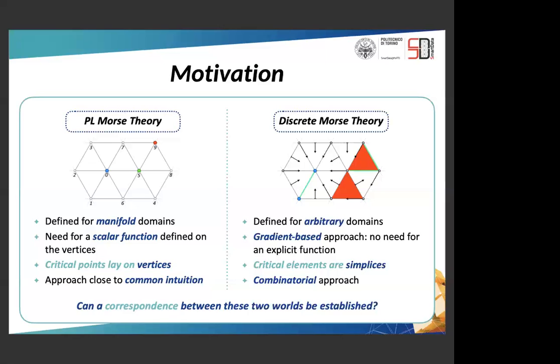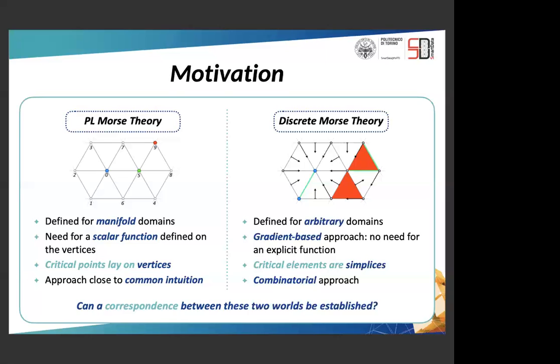PL Morse theory is in some sense closer to our intuition, and as you can see in the image on the top of the slides, the highlighted critical points are close to our intuition of a minimum, maximum, and saddle point, while the combinatorial approach provided by discrete Morse theory, and the fact that critical elements are not vertices but simplexes, could create a little bit of confusion and a gap between the two theories, because as you can see on the right, the critical simplexes do not appear in correspondence with the critical points that we have on the left.